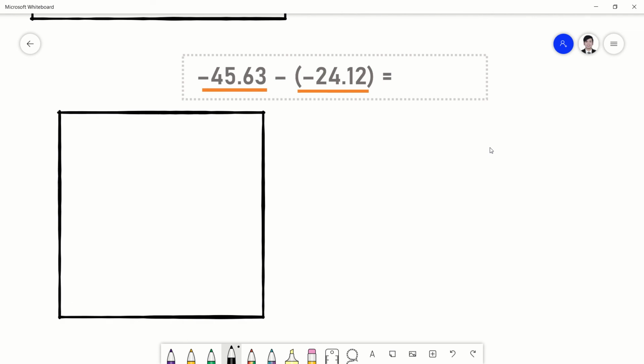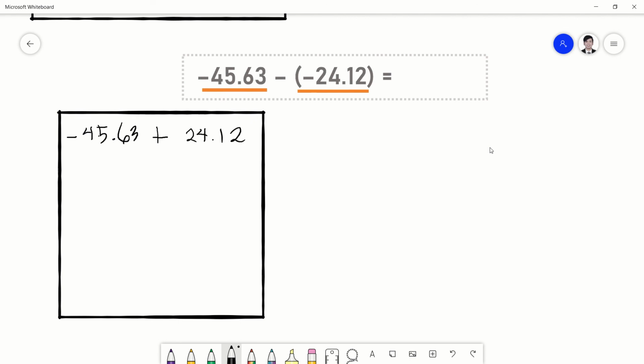So the first step is to change the operation to addition. Always remember, subtracting numbers is the same as adding the opposite. So for this, negative 45.63 is the same as adding the opposite of negative 24.12, which is positive 24.12.